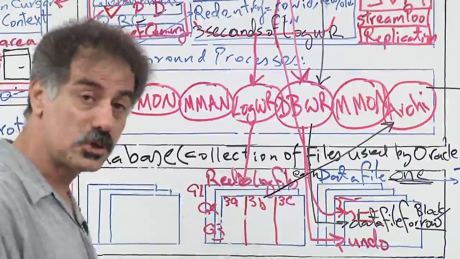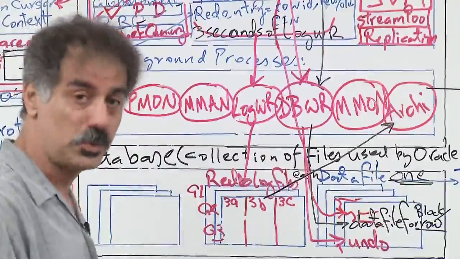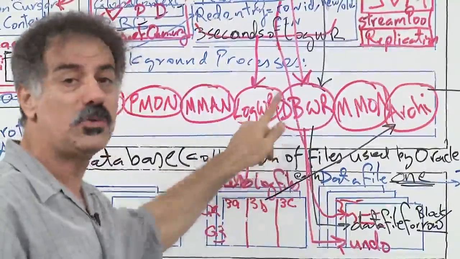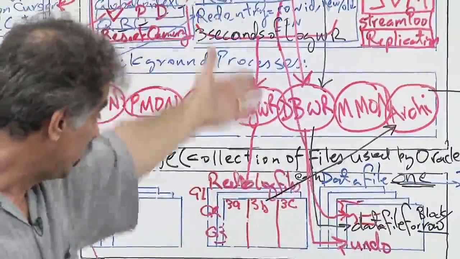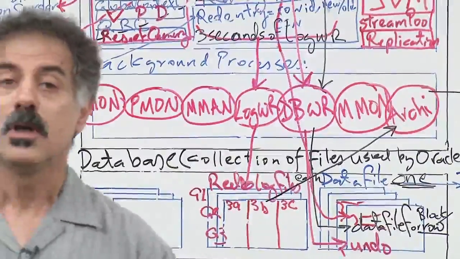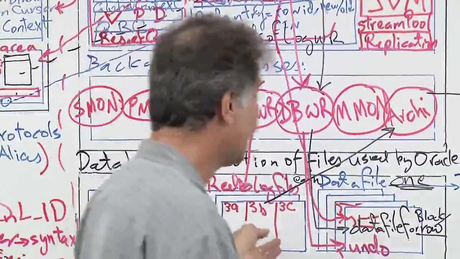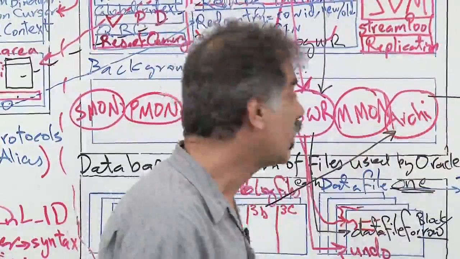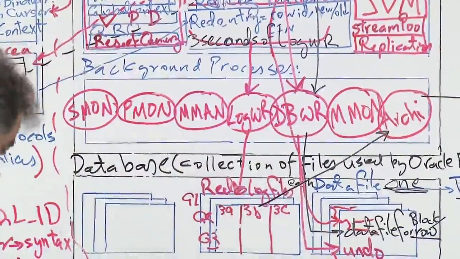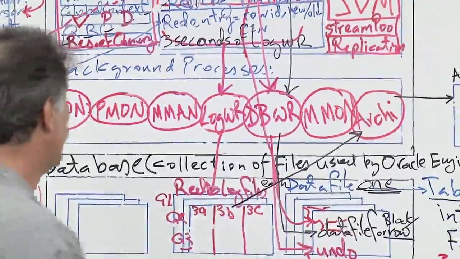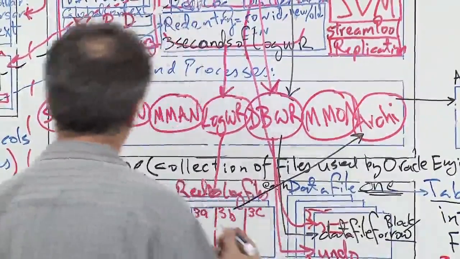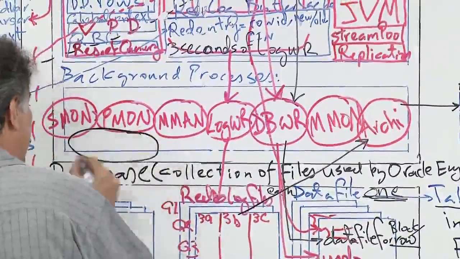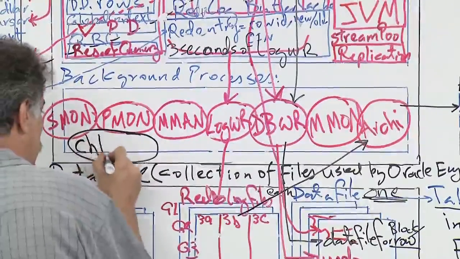When log writer is done after the commit process, on the next write, DB writer may get the signal to write the changed blocks to the disk. Archiver may get the signal that a redo log file was switched, and copy the file into the archives. So all of those are managed by another background process. I'm going to put this guy down here, and this guy is called checkpoint.